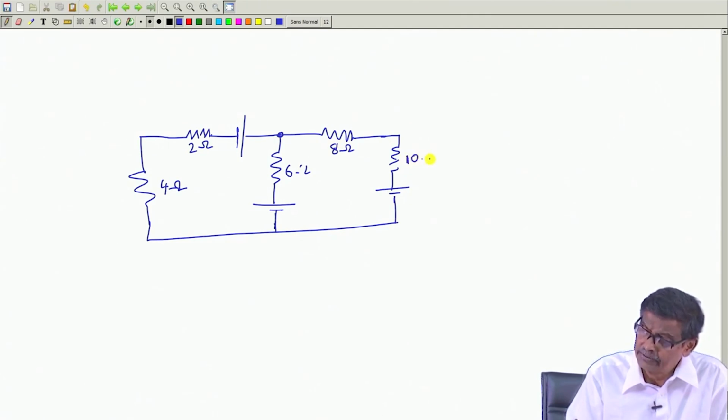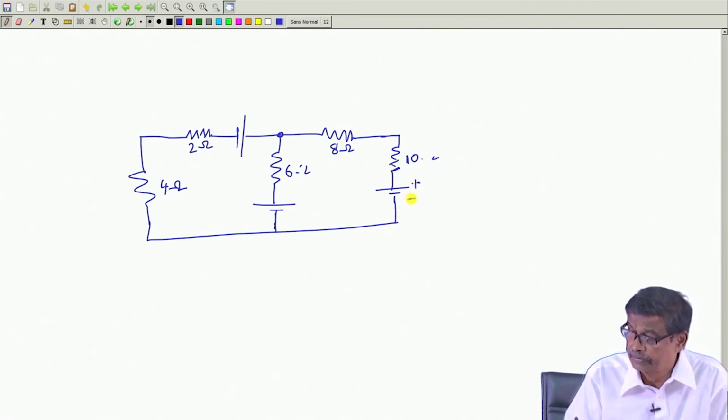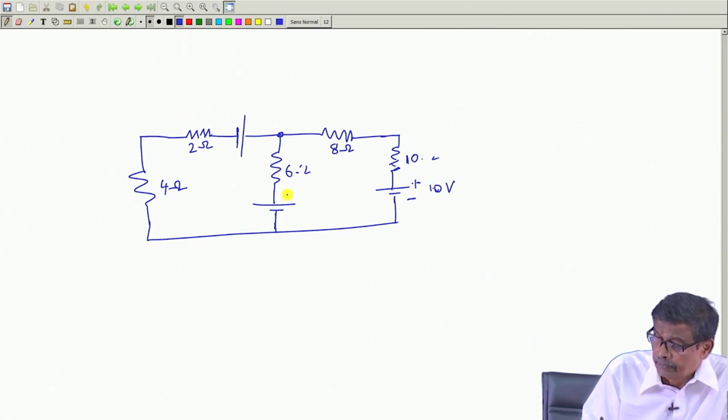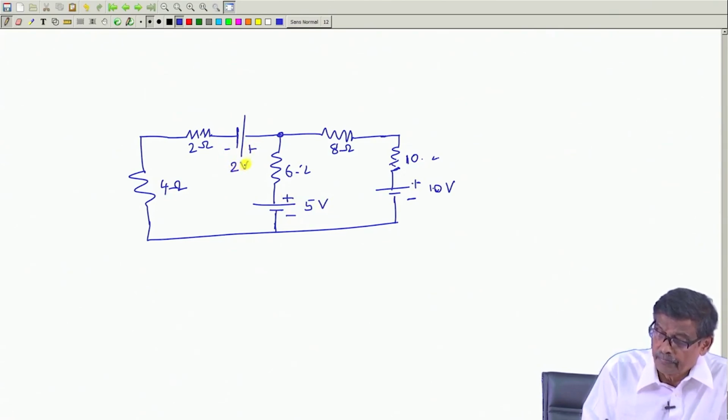You can also make your own circuit for understanding this. This voltage is suppose 10 volt, this is suppose 5 volt, and this is suppose 2 volt.